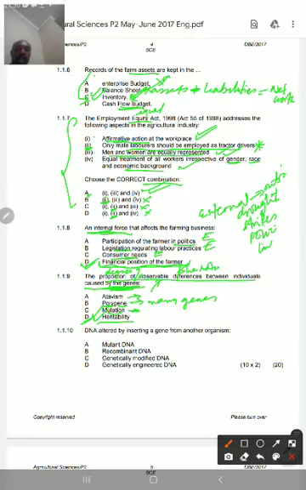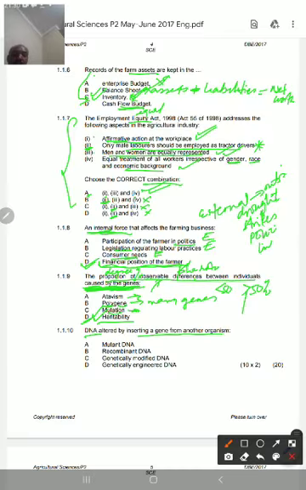If heritability is more than 50%, it means there's more chance that the trait is influenced by or caused by genes. But if the heritability of a particular characteristic is less than 50%, it means the trait is mostly controlled by or influenced by the environment.